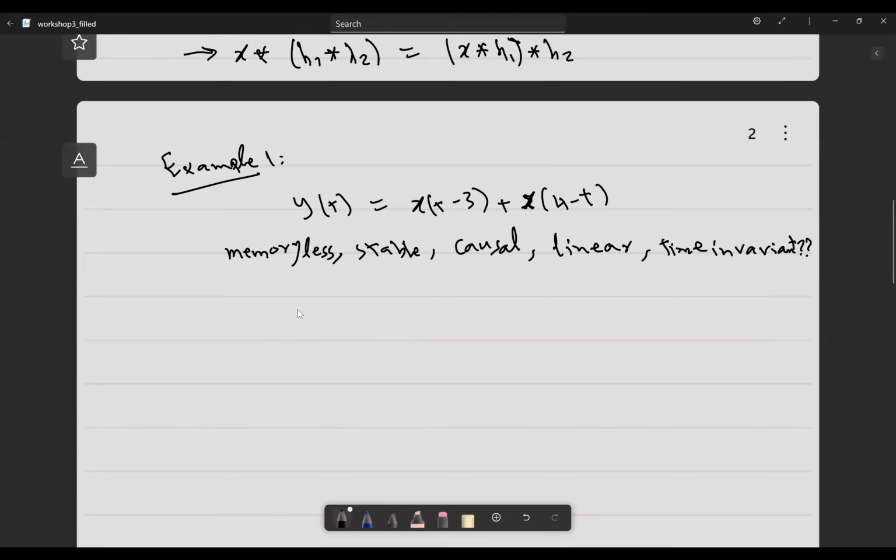Let's start with the memory. So is this system memoryless or does it have a memory? Anyone? Anyone want to answer this?